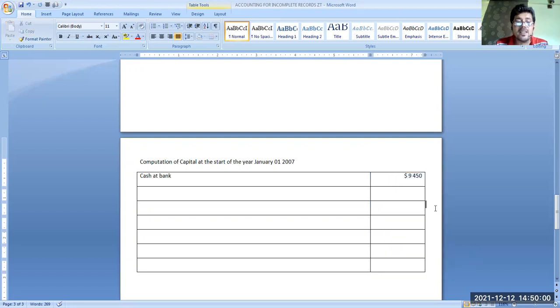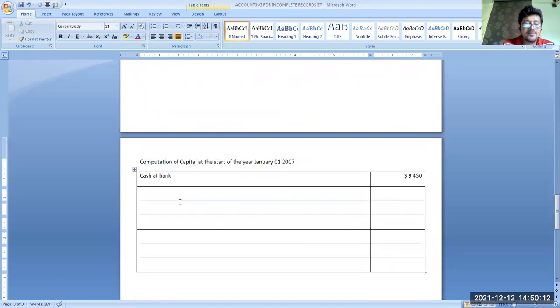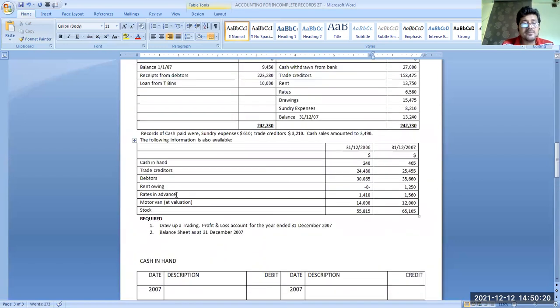Now, 31st December 2006 means these are the ending balances available as the starting balances for 2007. Cash in hand, $240.